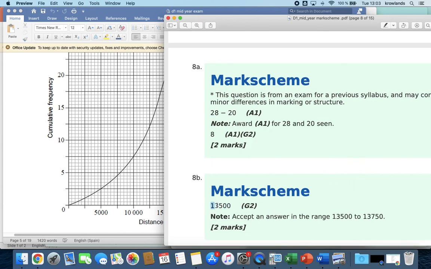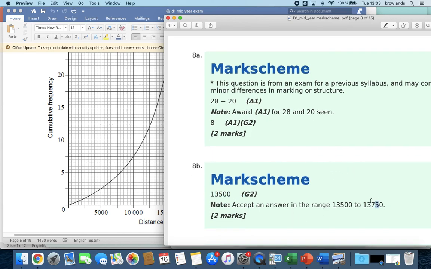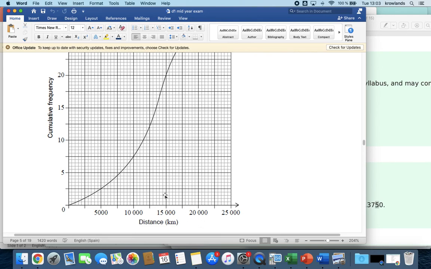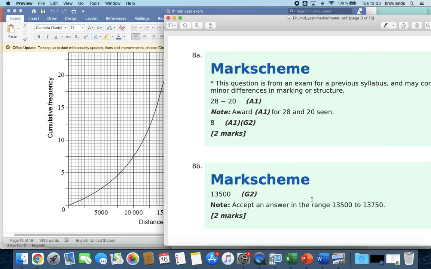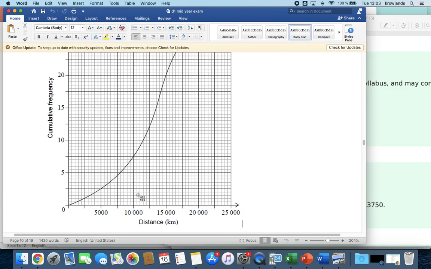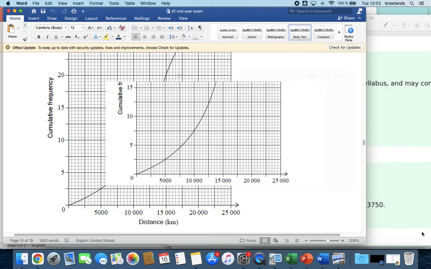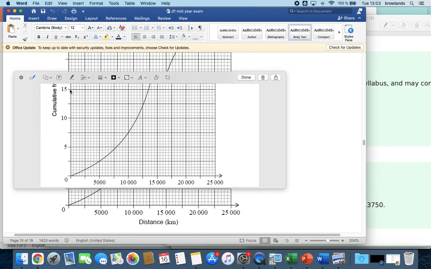This is said 13,500. So I went a little bit wrong there, and you can see actually how easy it is to go wrong here. So let's go over this again. It's absolutely fine to go wrong. What you need to do is go a lot slower than me. I've realised exactly why I've gone wrong. It's because it's actually 7 boxes across, not 6.